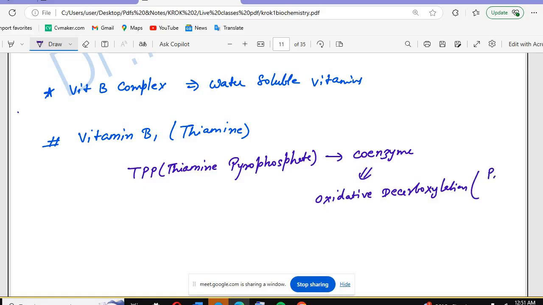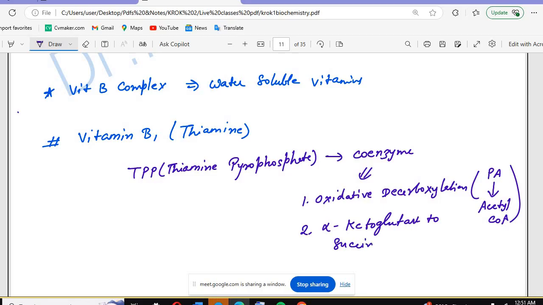The pyruvic acid will be converted into acetyl coenzyme A. Along with that, it is used as a coenzyme in the conversion of alpha ketoglutarate to succinyl coenzyme A in the tricarboxylic acid cycle, or the Krebs cycle, where TPP acts as a coenzyme.